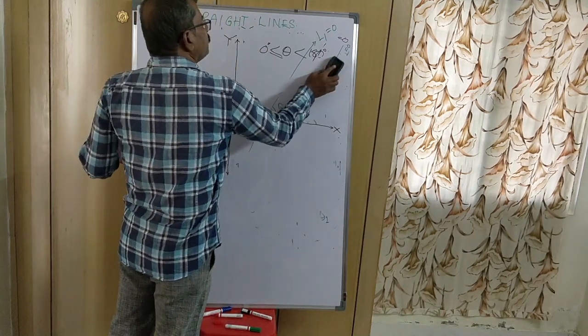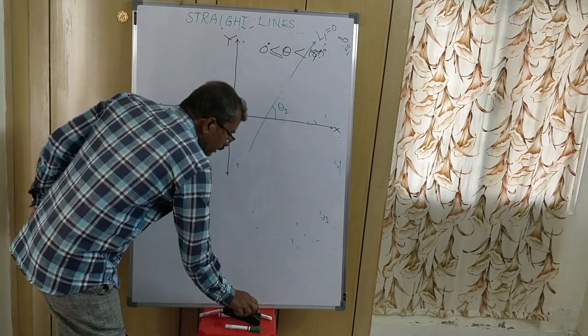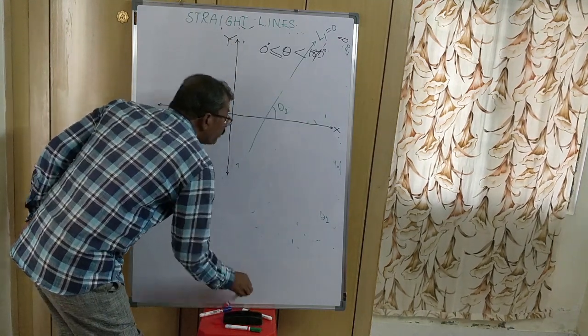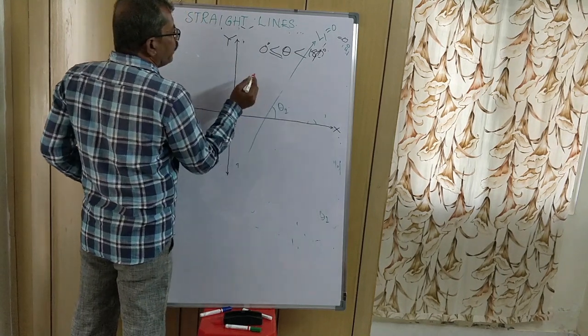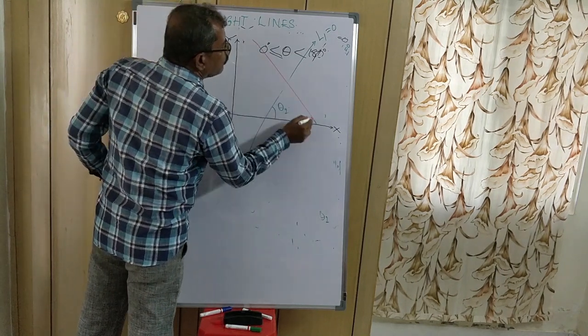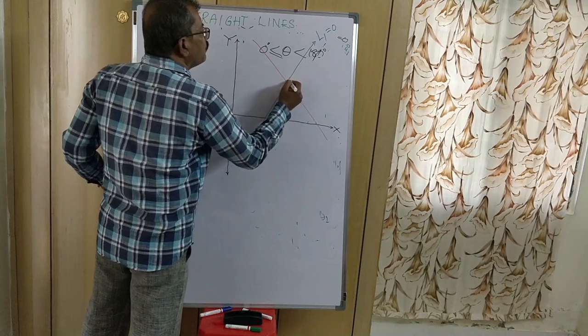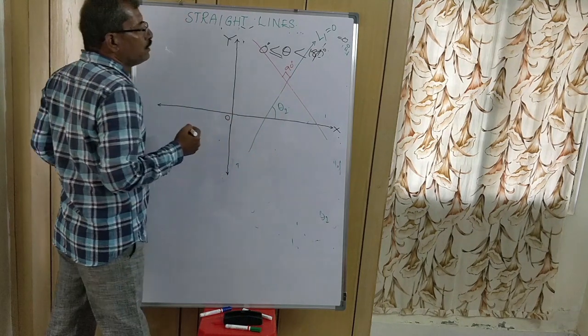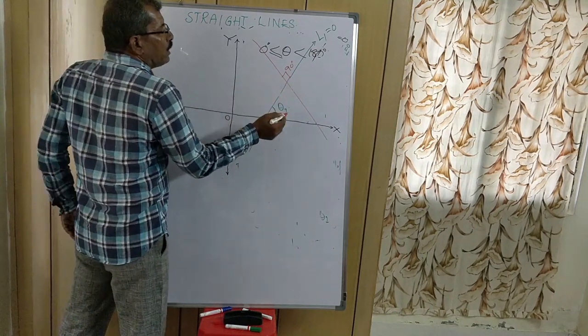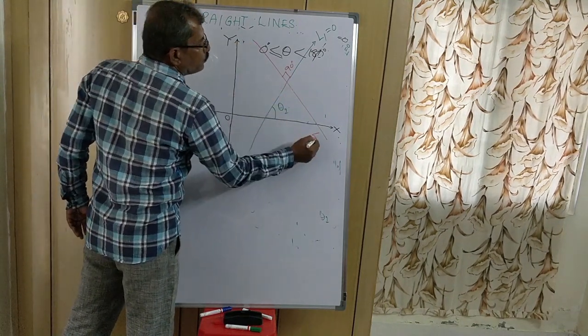In this case too, L1 is equal to 0 and a line like this makes 90 degrees here. The angle between the L1 and L2 lines is equal to 90 degrees.